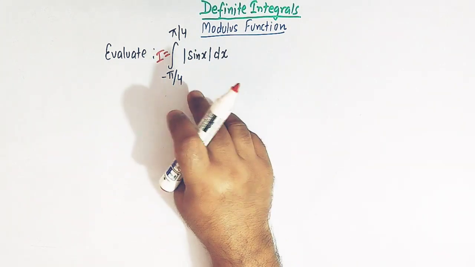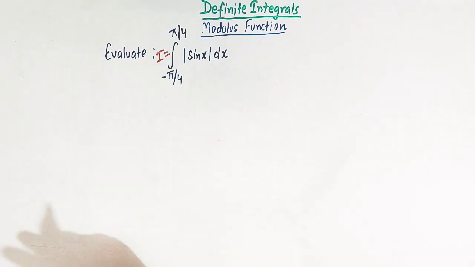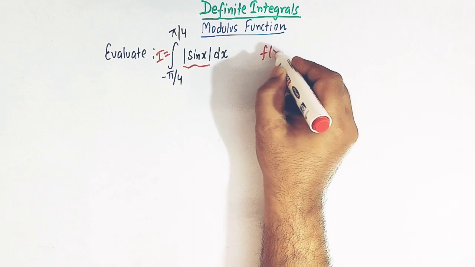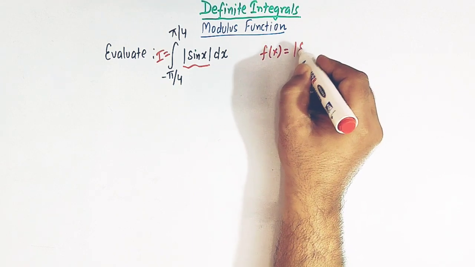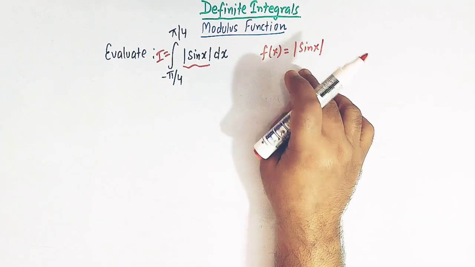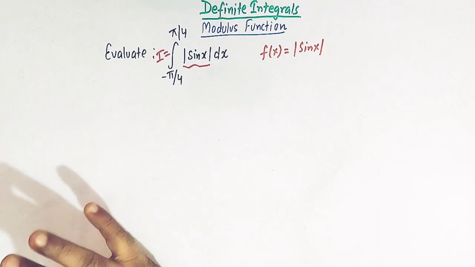Now, in order to evaluate this definite integral, we'll make use of some properties of trigonometric functions. The integrand is f of x, that is mod of sine x. We'll make use of the sign convention of trigonometric functions in the four quadrants.